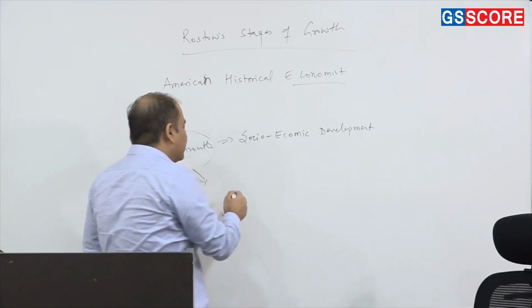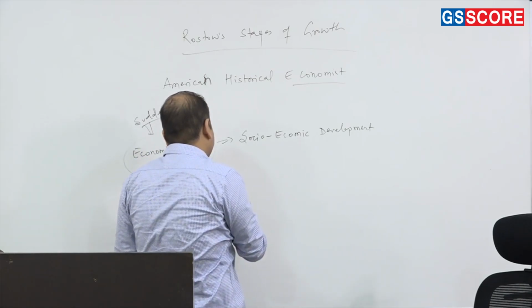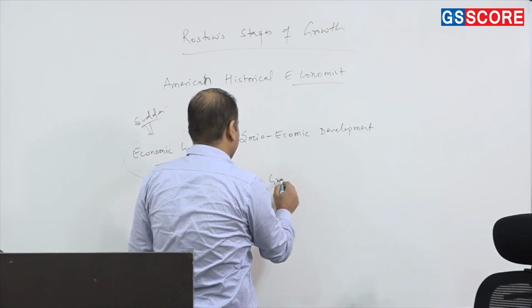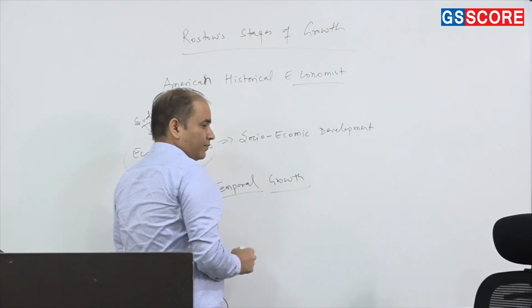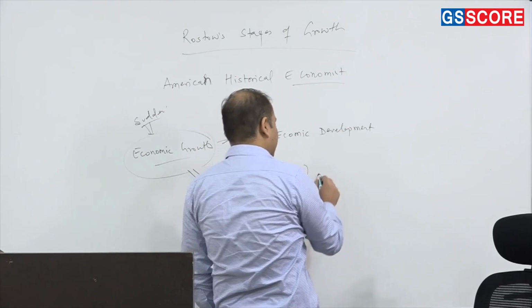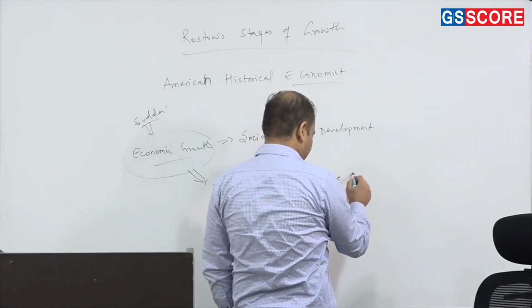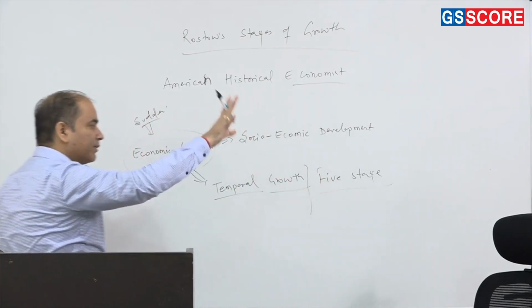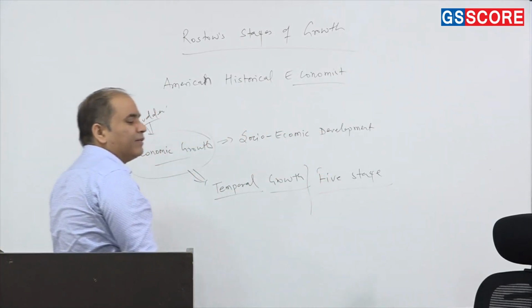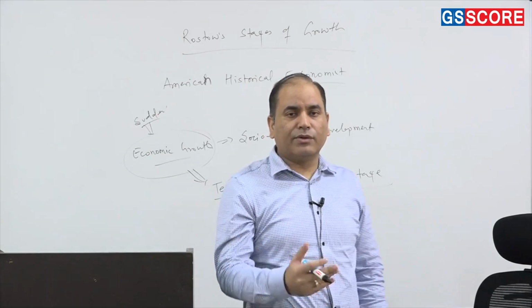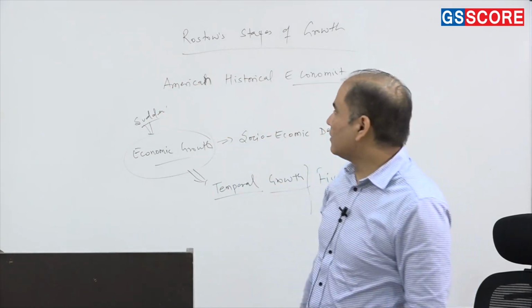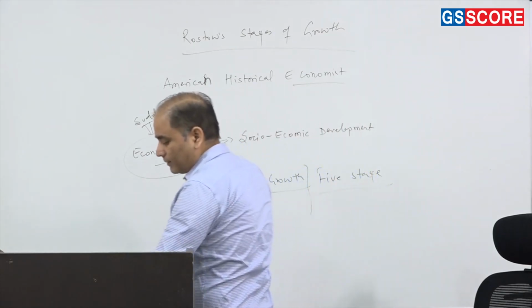So, he was simply talking about the temporal growth, and the temporal growth he suggested in stages. He simply talked about that the development will only be possible in 5 stages. So, economic growth will happen in 5 stages, and these 5 stages will result in the economic development.